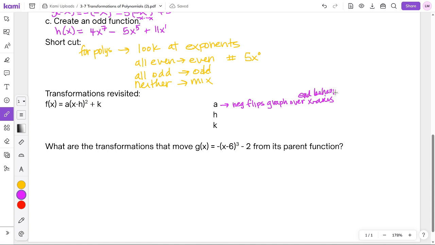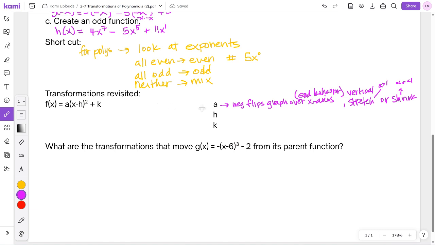It changes everything else too, by the way, but we can think about end behavior also. All right, it also stretches vertically. A stretch or a shrink. So just a reminder on that, a stretch happens when A is bigger than 1. A shrink happens when A is between 0 and 1. So like 1/2, 1/3, etc.